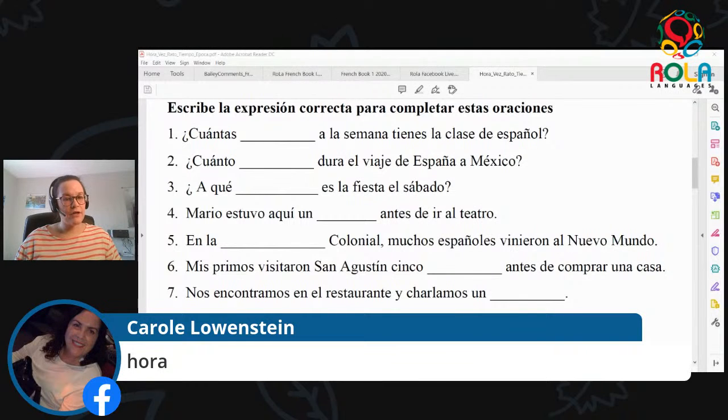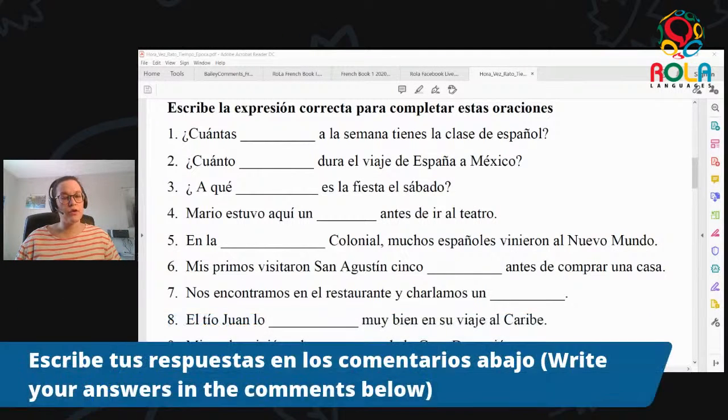Número 4. Mario estuvo aquí un blank antes de ir al teatro. So which one fits best into this blank for número 4? Between hora, vez, rato, tiempo, and época. And again, we can use the clue of un to help guide us towards the right answer.